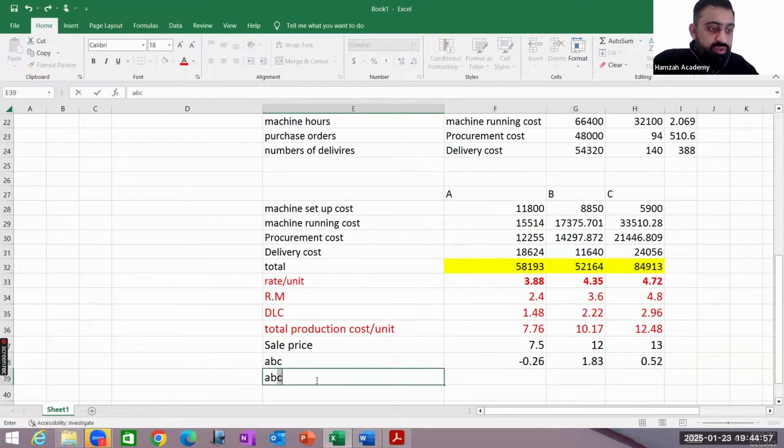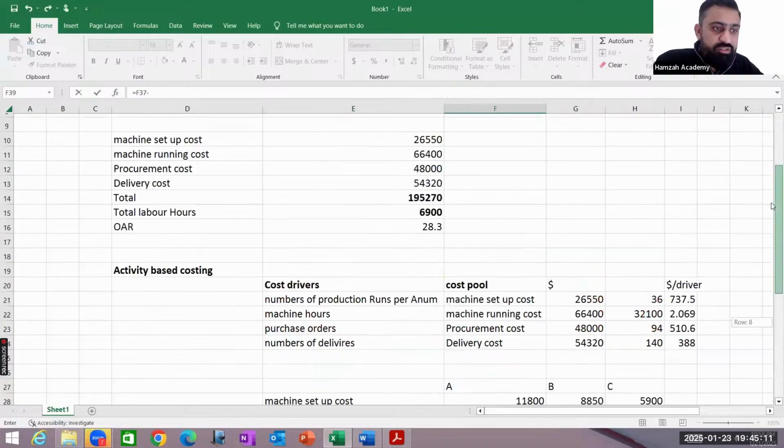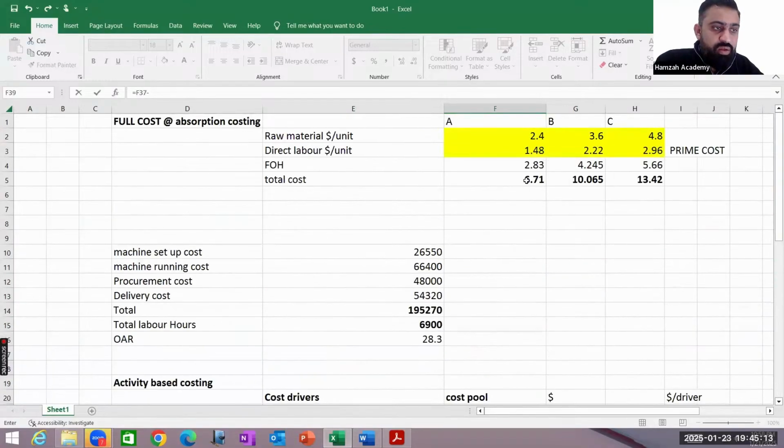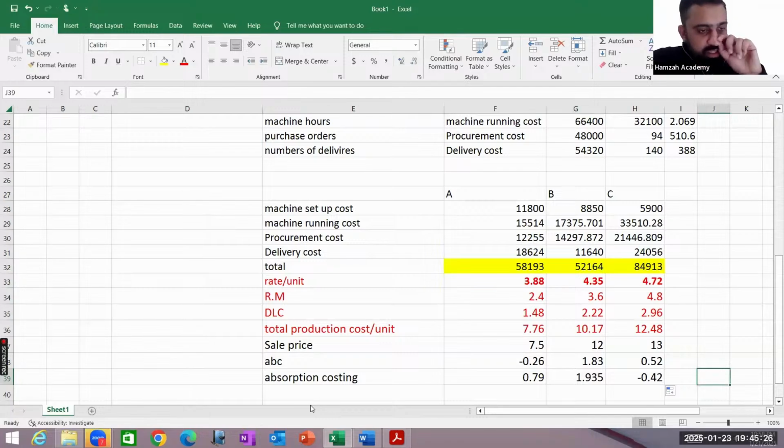And if we want to check this in absorption costing, then take the sale price 7.5 and deduct the full production cost of the A product, which is 6.7. So that is the data you have.